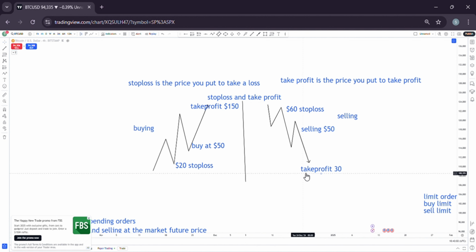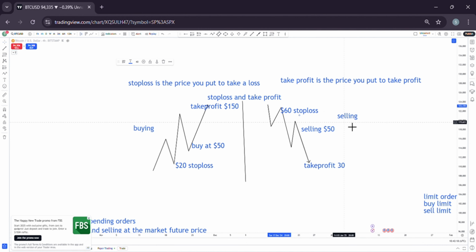We are selling at the current price. For example, we sold at 50. When price gets to 30, we want to take profit, and when price goes up to 60, we want to take our loss. So this is just an example of how the market actually functions with our stop loss and take profit.